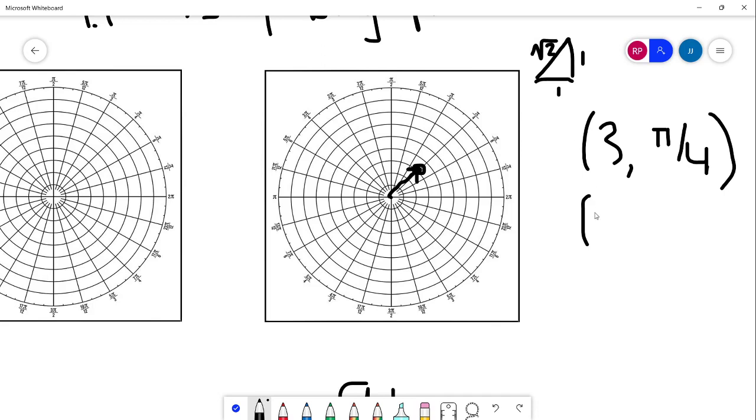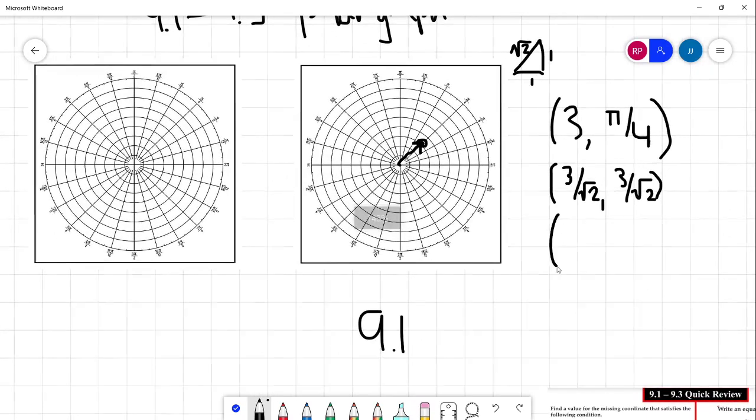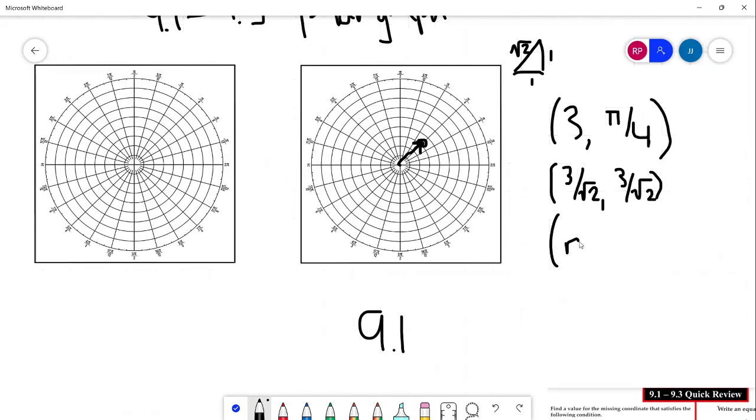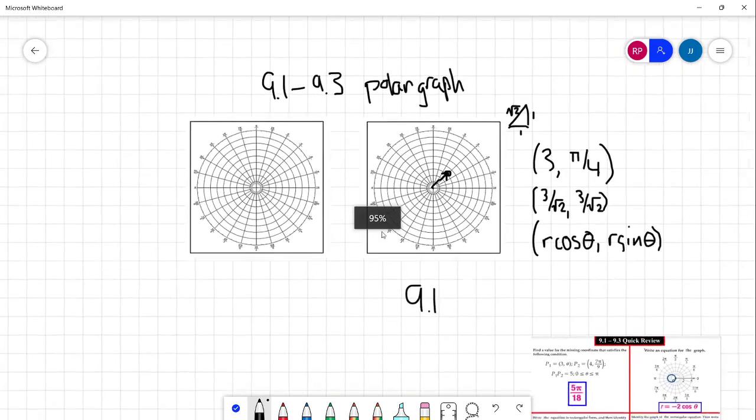So this is going to be 3 over root 2, 3 over root 2 if we break it down into component form. But really it is just r cos theta and r sine theta, where x is r cos theta and y is r sine theta.